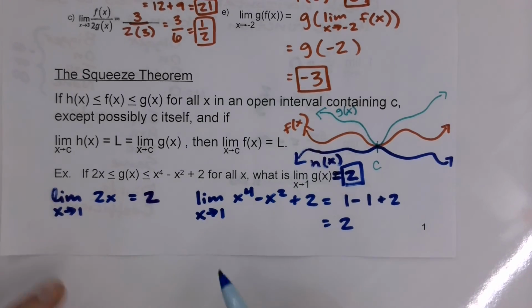It's going to take a little bit more explaining. On an AP question, we would explain that I know that the limit is 2 because the pieces that are always below and above it both have limits of 2. So by the squeeze theorem, the limit as x approaches 1 of g of x also has to be 2.